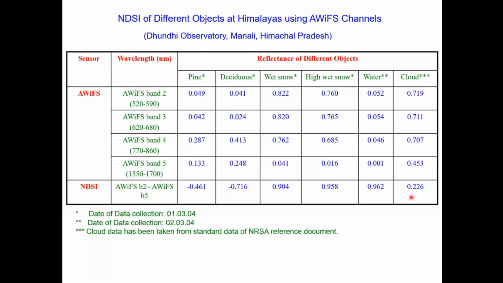What it means is that you have a confusion between water and snow. But other land features such as pine, deciduous, or cloud, or vegetation, can be separated from this, but water and snow can still have a confusion.